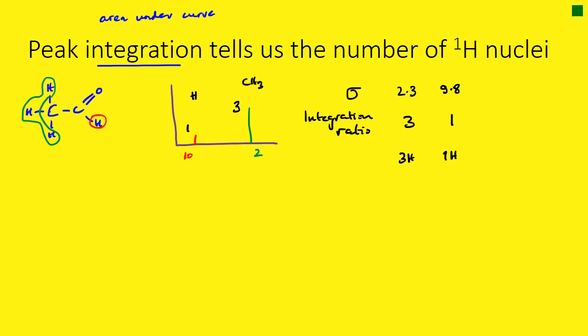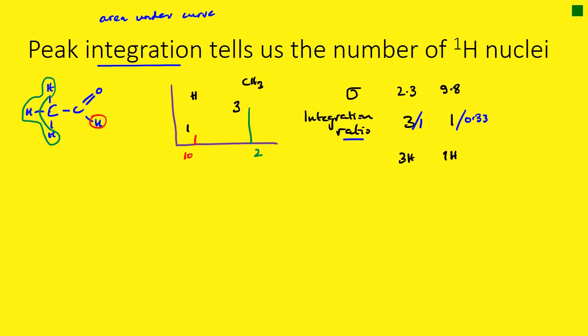Just to be complete, you will see some questions where they give you crazy numbers. So, for example, you might be given this as 0.33 and 1, and that's why I wanted you to notice that word ratio there, because you can't have 0.33 of a proton. So what you do is you multiply that up to 1.